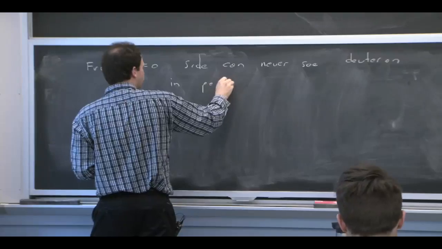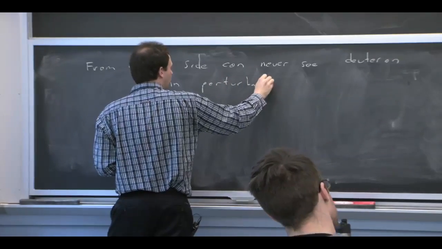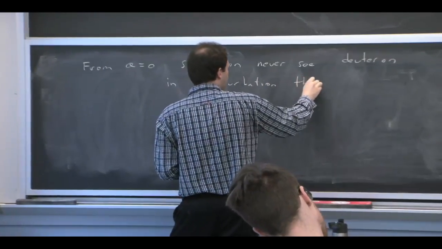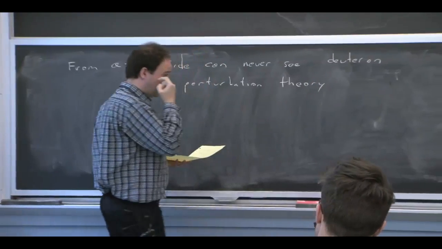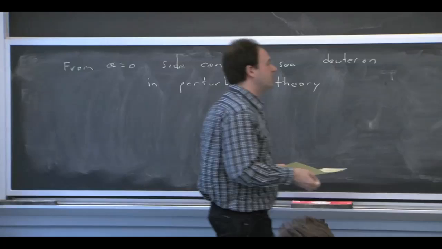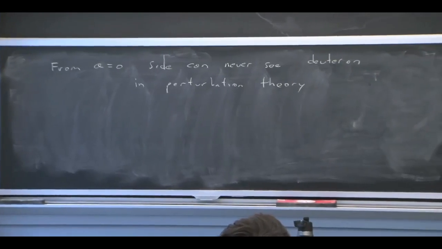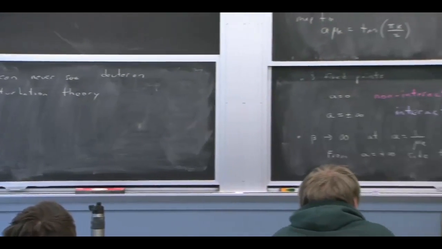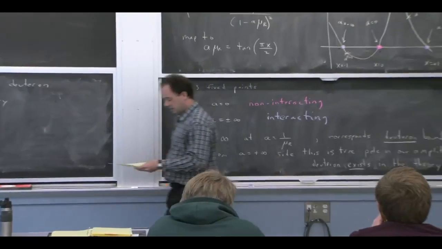And you never see a pole if you're just doing perturbation theory. And if we look at the binding energy of this state, it's also uncharacteristically small. The fact that the binding energy is small is related to the size of this A. We'll talk about that next time.